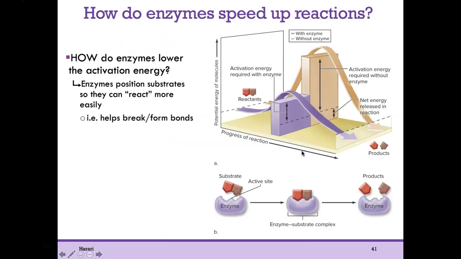Right? And this is an energy diagram, a figure from the book. It shows that without the enzyme, in orange, you have a huge activation energy requirement to go from reactants to products. But in purple, with an enzyme, you have a lot less of a barrier. So it'll happen a lot more quickly.